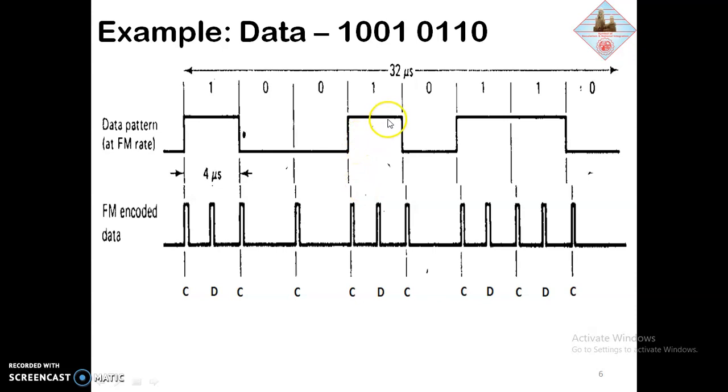Now the next input data is 1, so a clock pulse is added at the beginning and a data pulse is added in the middle. Similarly, we can do for the remaining 4 bits. So the total number of pulses required to encode this 8-bit data is 12 pulses.